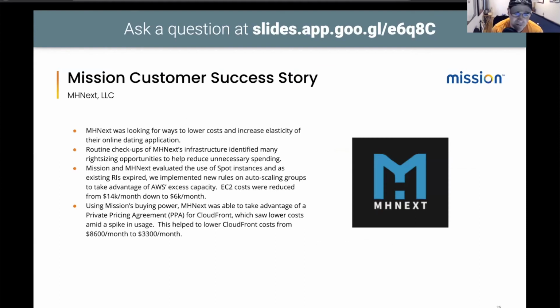So at a high level, here is a quick summary of this customer, looking for ways to increase elasticity. The spot instances were able to do that. Looking at routine checkups, we were able to make some changes there. I know one of the more recent changes was taking advantage of GP3 storage, which was released by AWS a few months ago. That has also started to bring some of their storage costs down, and so on and so forth.